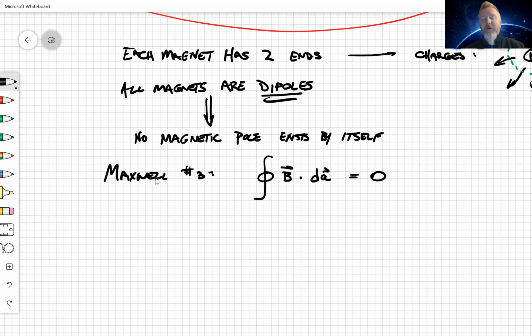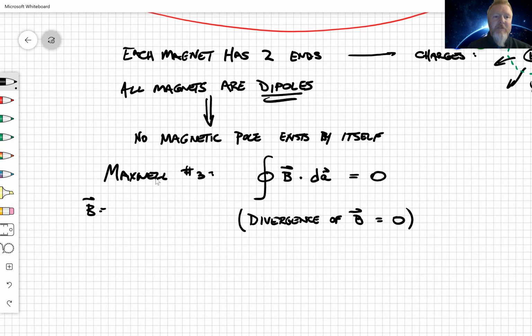So if you are interested, the thing I was about to write, which is the equivalent to this, is that the divergence of the B field is 0. It's very nicely written that way. Incidentally, B is the symbol for magnetic field.